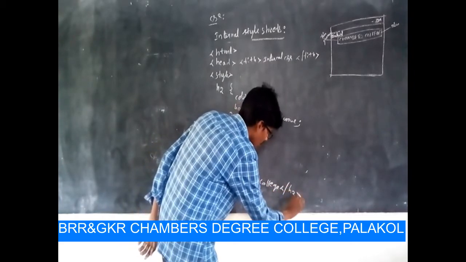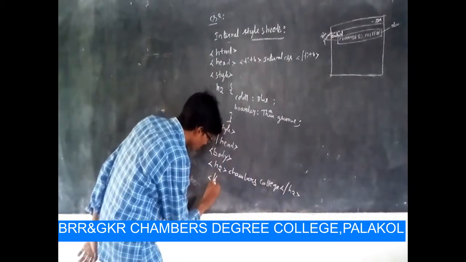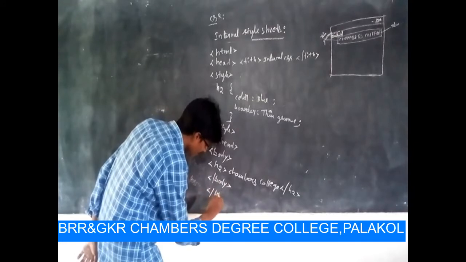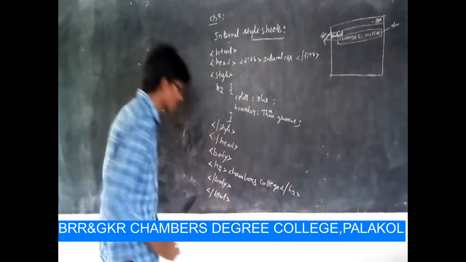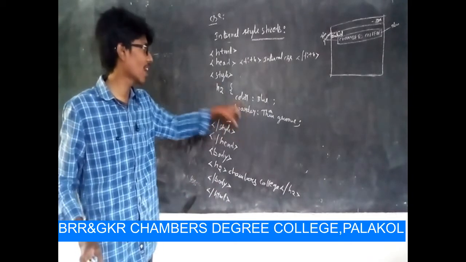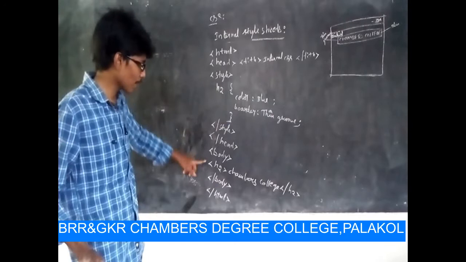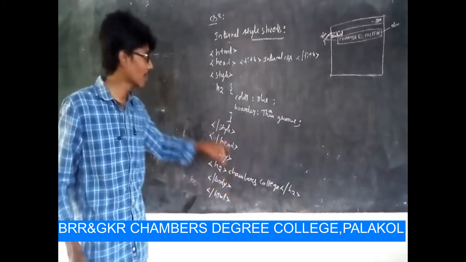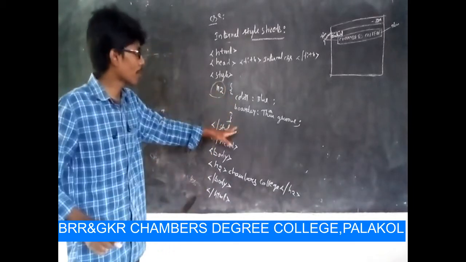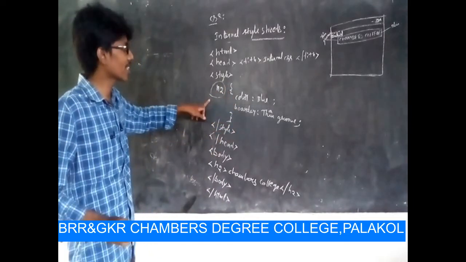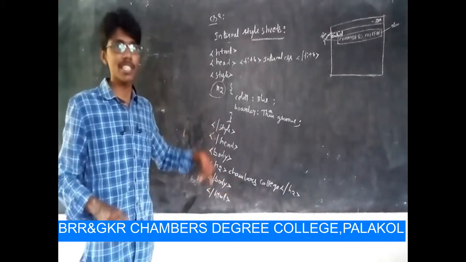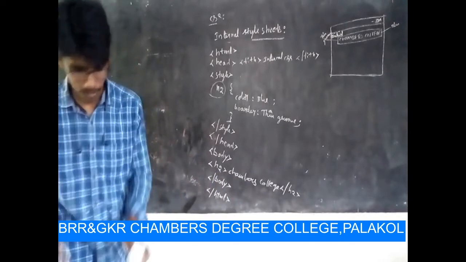After completing that, close the body, and then close the HTML. For this document, the styles we mentioned in the head section are directly applied to the h2 tag. The properties and values we represent for the h2 tag apply directly to the tag represented in the body part.